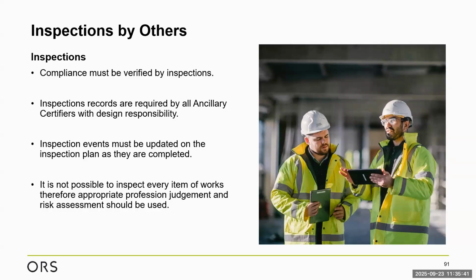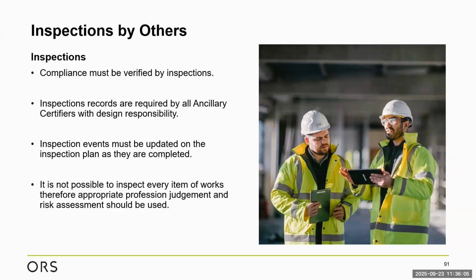It is not possible to inspect every item of work, and therefore appropriate professional judgment and risk assessment should be used. Again, to me, this goes back to the PIP workshops that we had at commencement. There should be a discussion around risk when we're looking at inspections. When I talk about risk, I'm talking about risk against not achieving compliance.